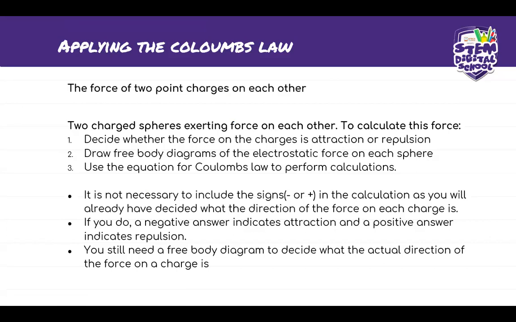And then on number 2, we need to draw a free body diagram of the electrostatic force on each sphere. Okay, so we will draw, but you'll see once we start doing examples, we're going to do the free body diagrams of the electrostatic forces on each sphere. On number 3, we use the equation for Coulomb's law to perform the calculation. So you see everything works together. You need to have a proper free body diagram with the correct signs in order for you to be able to have values for your calculations.